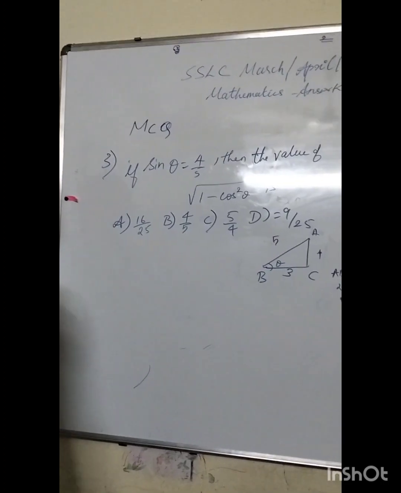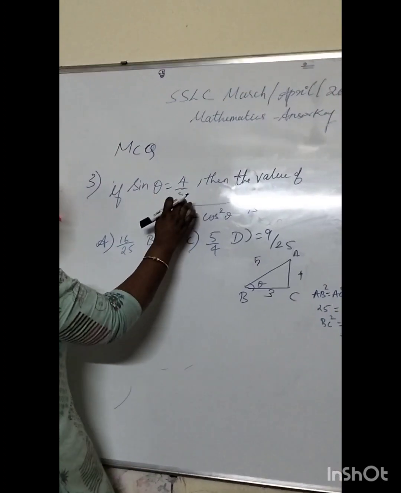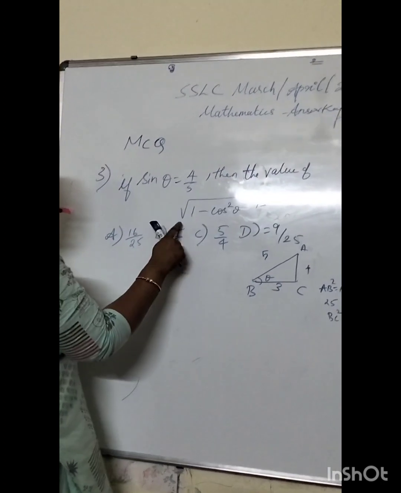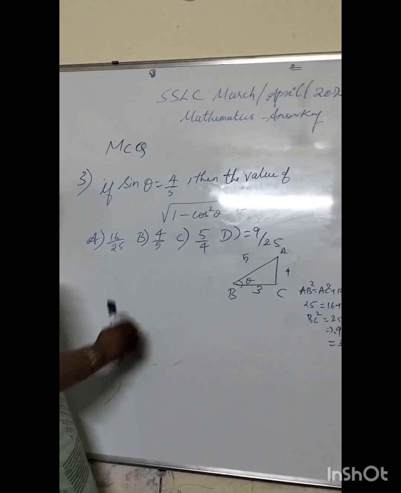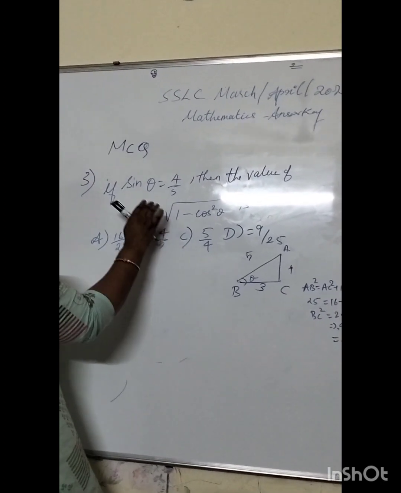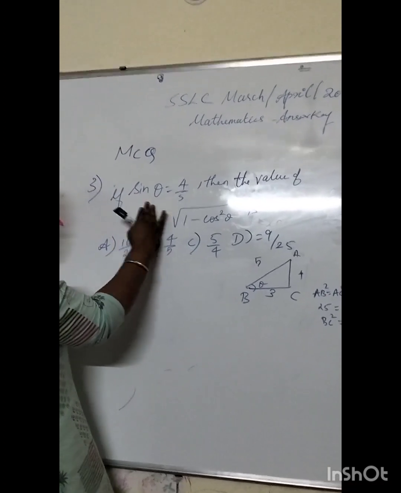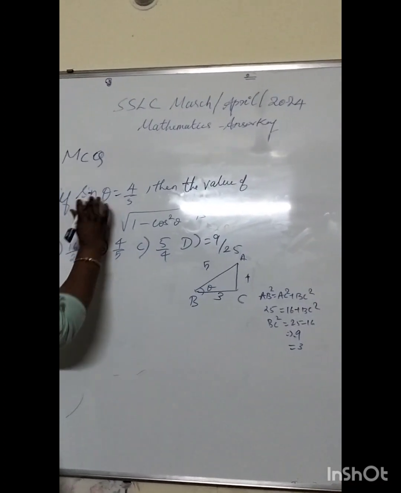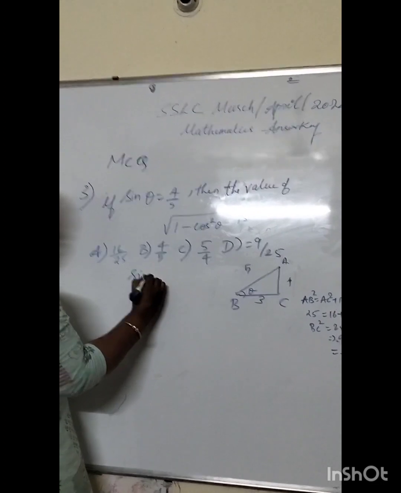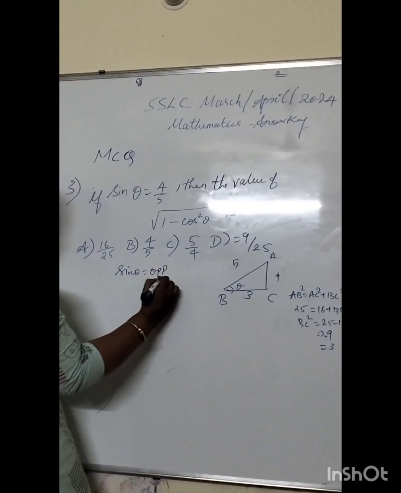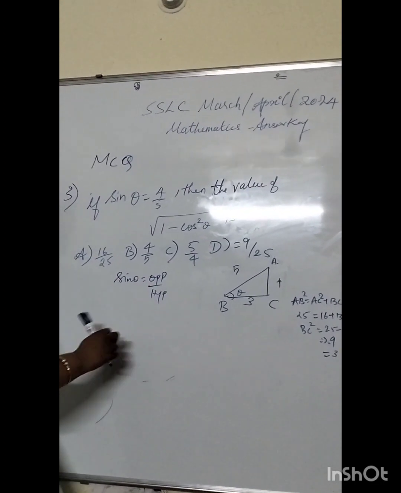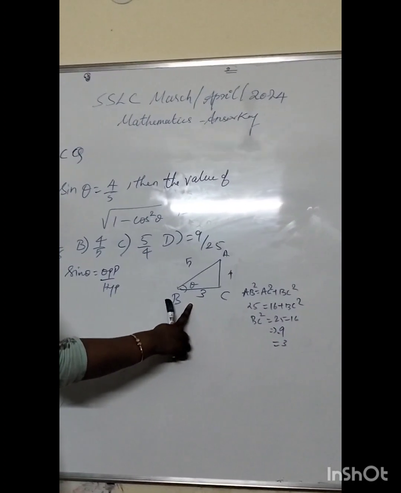Let's come to question number 3. Given sin theta is 4 by 5, we need to find the value of root 1 minus cos square theta. Options are given. Whenever a trigonometric function is given, try to find all three sides. As per sin theta, it is opposite by hypotenuse. So let's construct a right angle triangle.